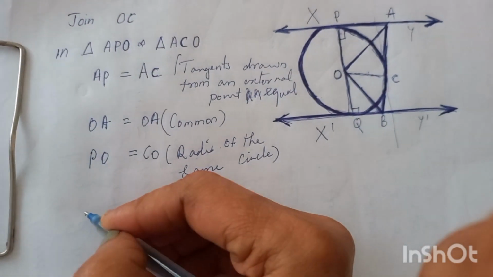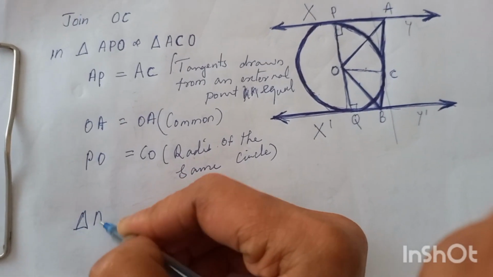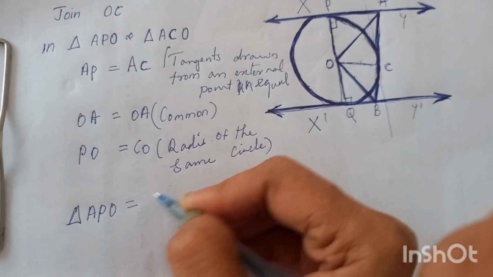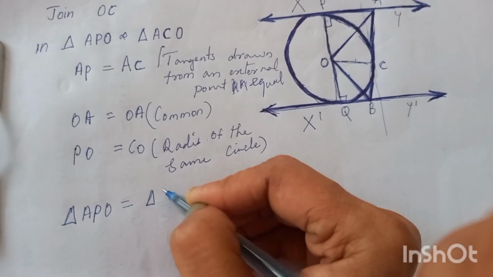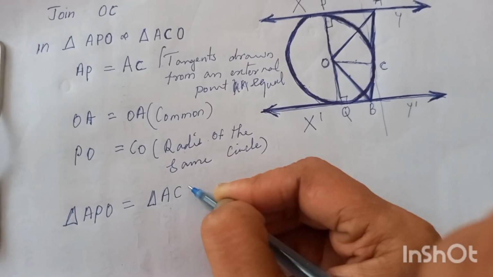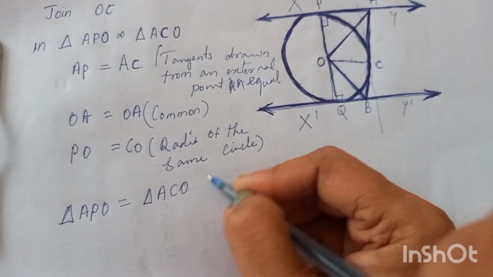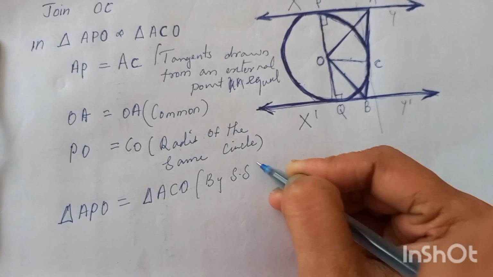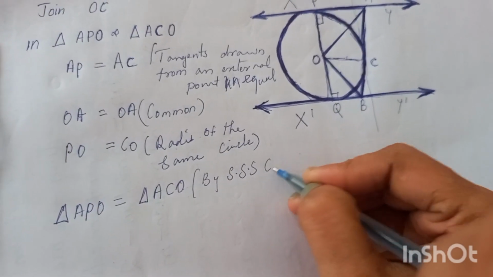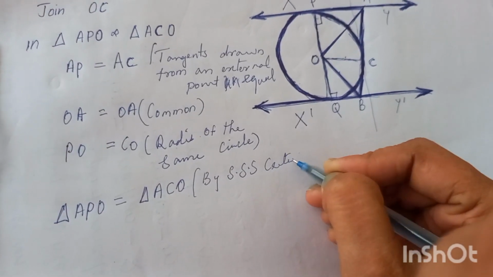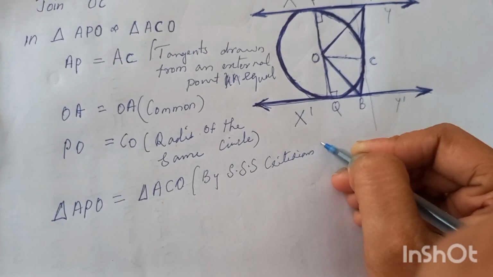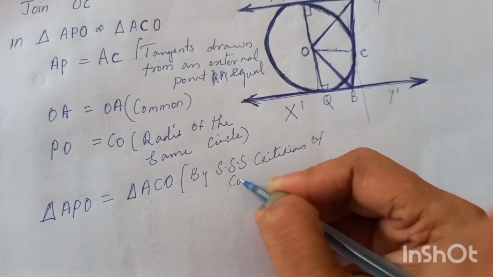Then triangle APO is congruent to triangle ACO by SSS criterion of congruence.